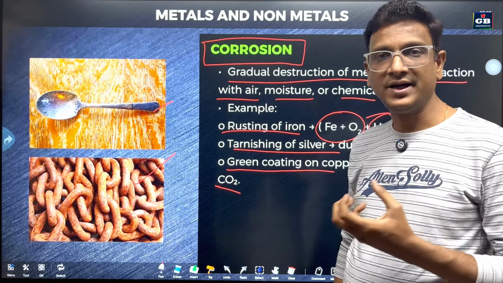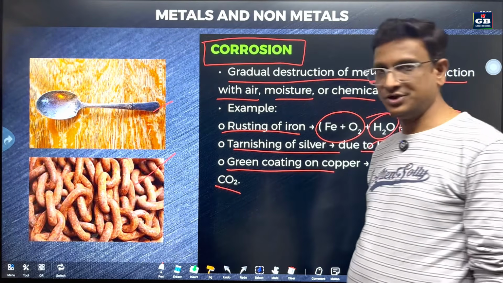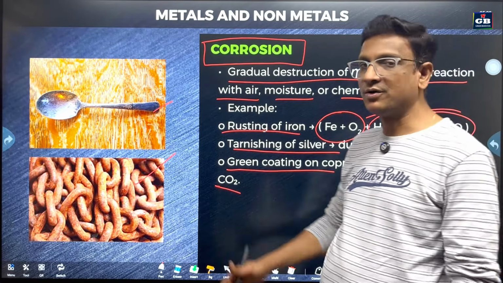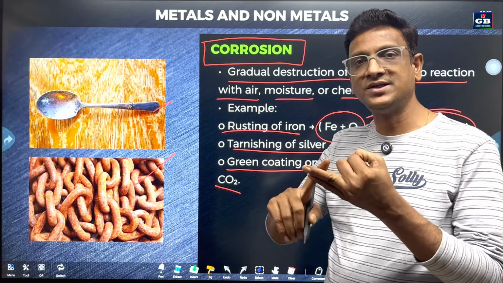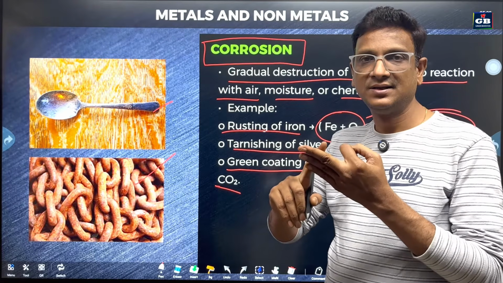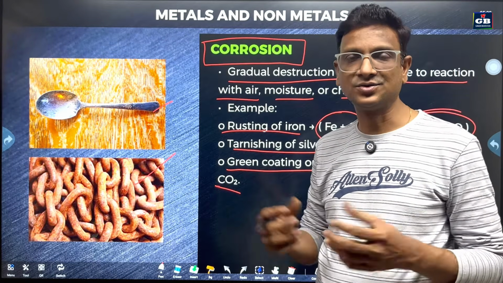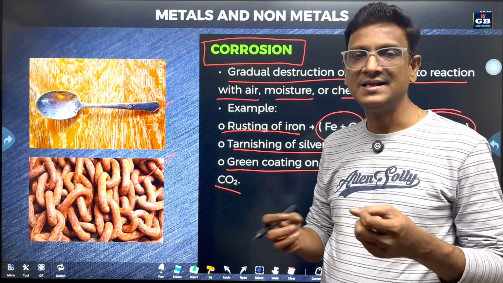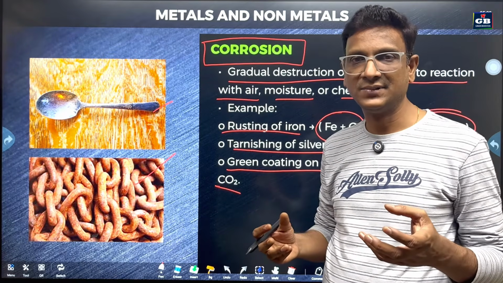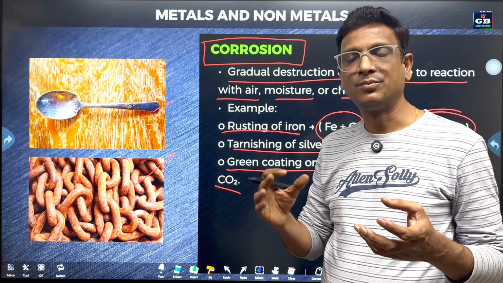So these are all examples of corrosion. The metals corrode because of air, water or moisture and chemicals. Right, children? We see that our house gates, school gates, windows and grills get rusted over time if they are not properly protected.